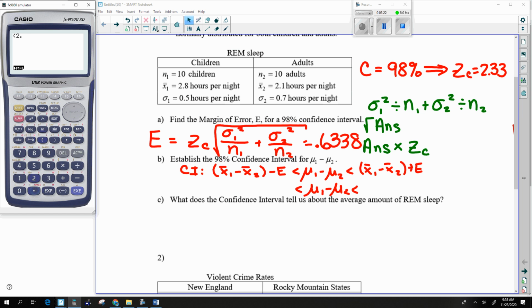We go x bar 1 minus x bar 2 minus E, and then I do the same thing, x bar 1 minus x bar 2 plus E. So we have this confidence interval.